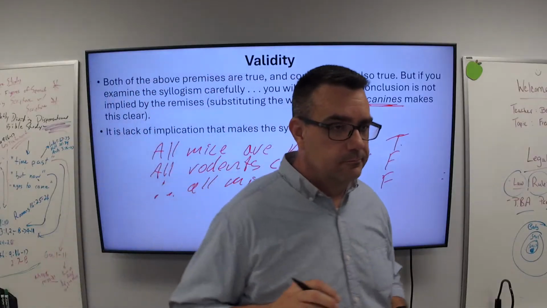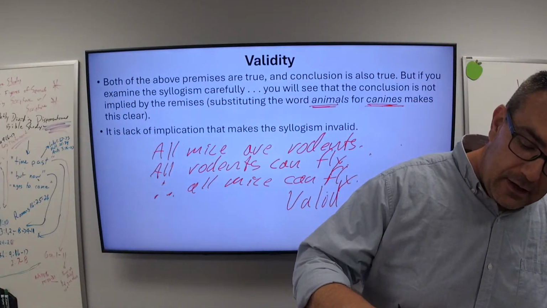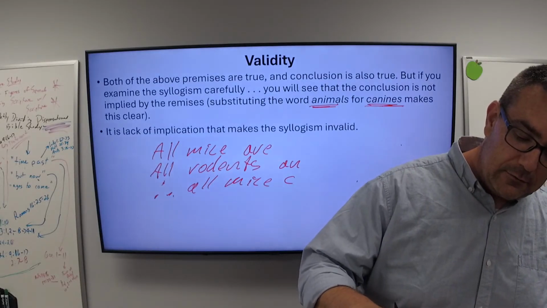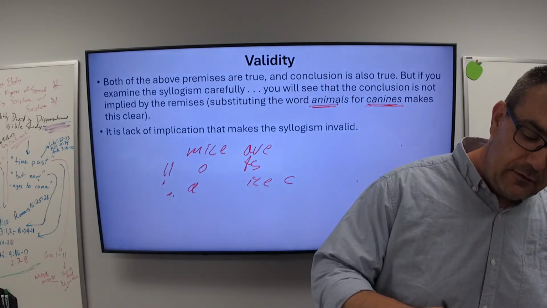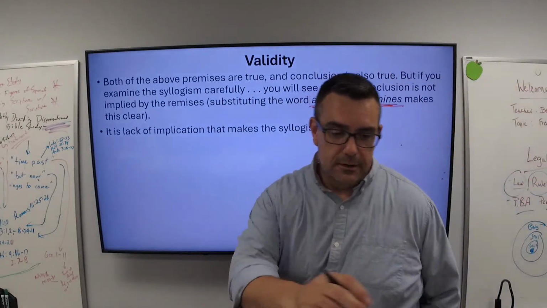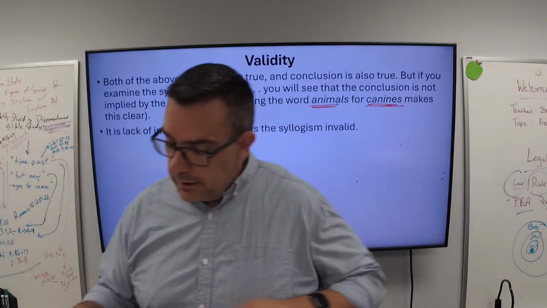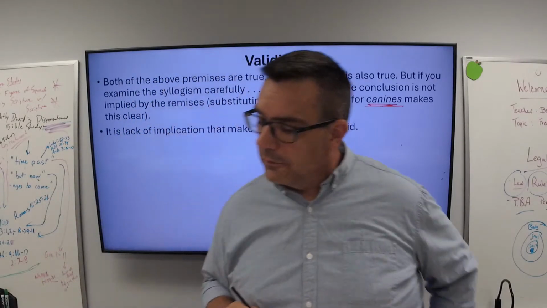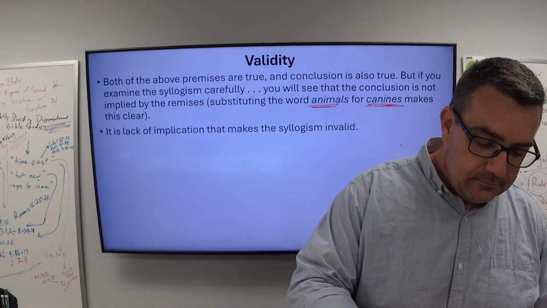Let's do one more. I think that the only way we get to the bottom of this is by doing this practice. Okay, so we've got two fairly easy ones. Let's look at one that's maybe a little bit more challenging. Okay? So we're going to say on number 3, all birds are creatures with eyes.